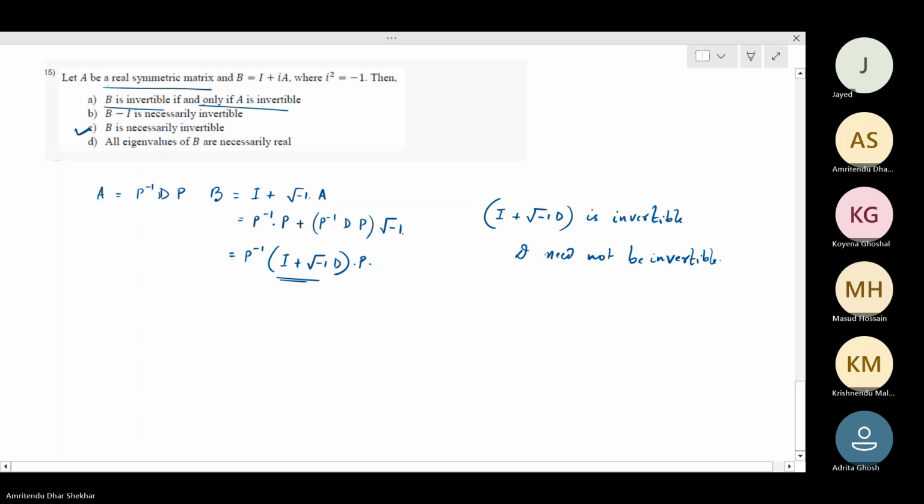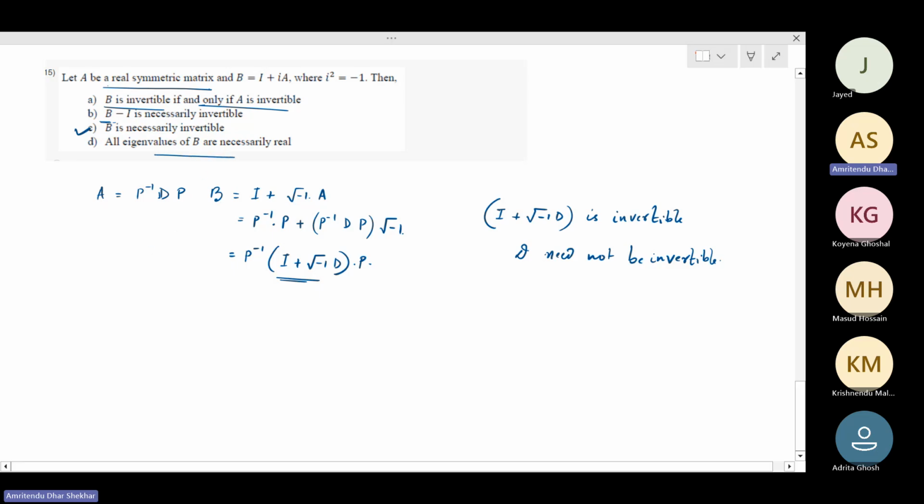What can I say about the other options? What about B minus I? B minus I is equal to i times A, but this i times A need not be invertible. It can very well be non-invertible. Next, all the eigenvalues of B are necessarily real.